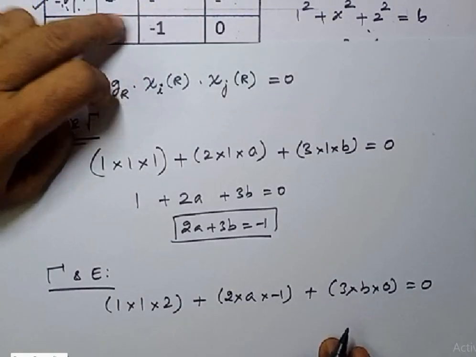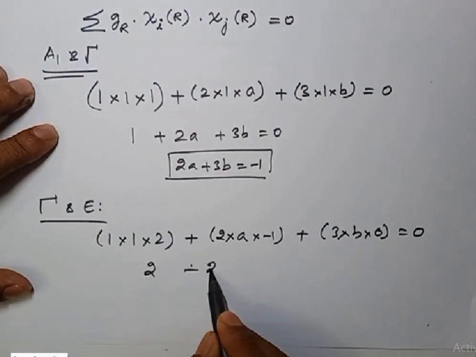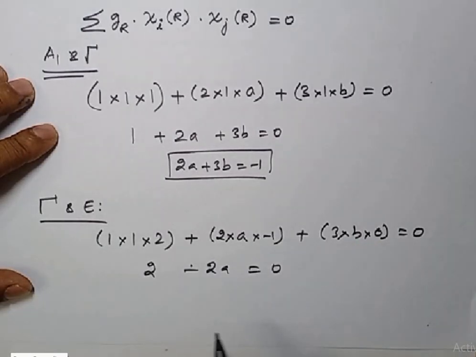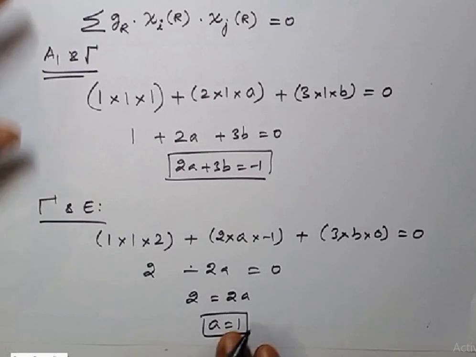This sum should be equal to 0 because they are orthogonal. So what we get: 2 minus 2A equals 0. Therefore, I'll bring this minus 2A to this side. So 2 is equal to 2A, or A is equal to 1. We found out the value of A.